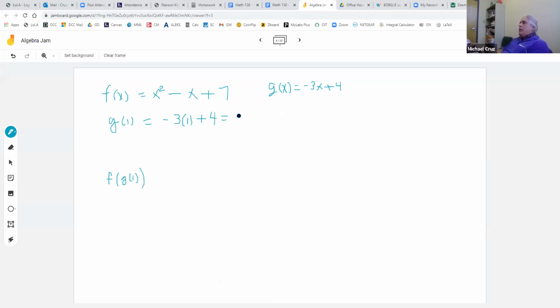So that's going to be negative 3 plus 4, which is 1. So g of 1 is equal to 1. Did I do that right? If you've got any questions about it, let me know before we move on.